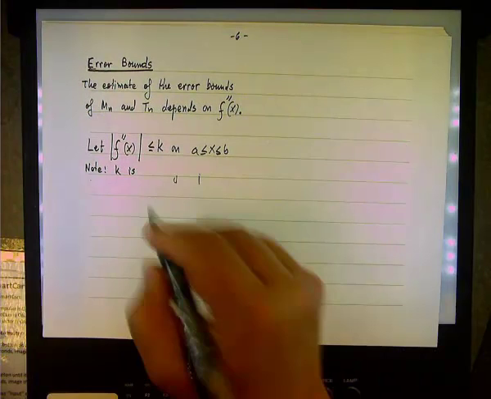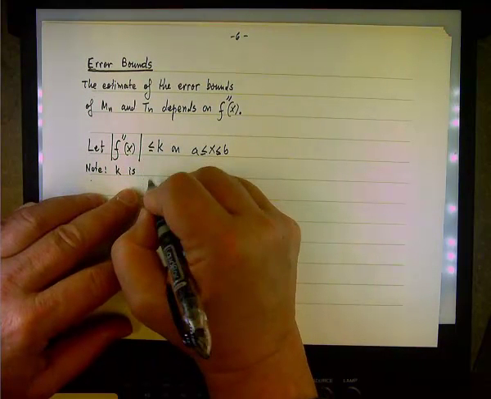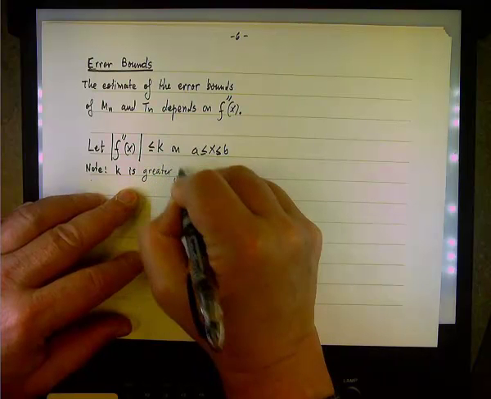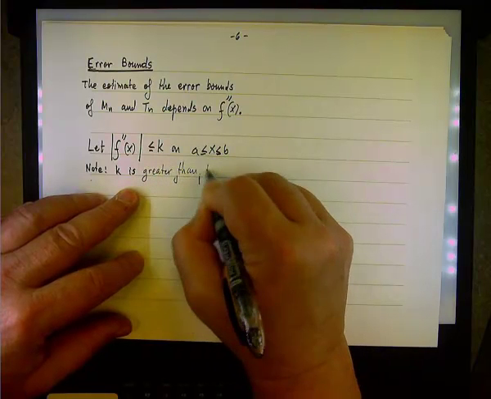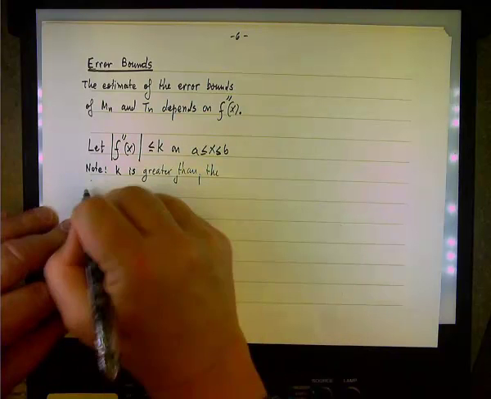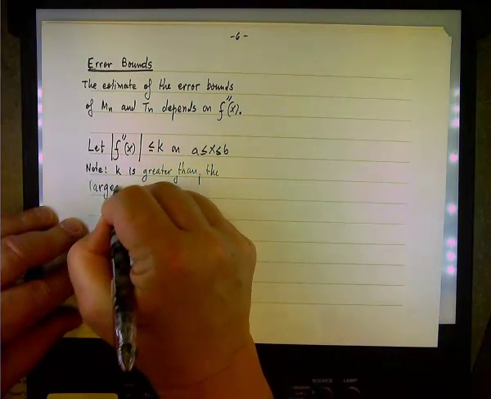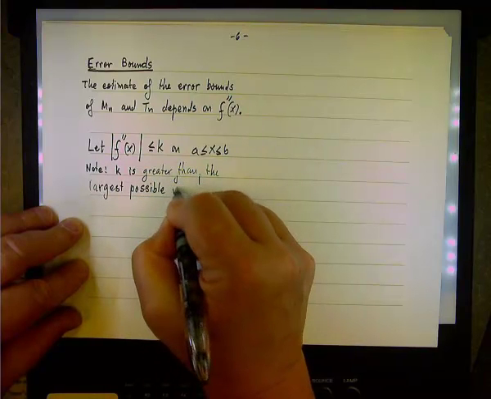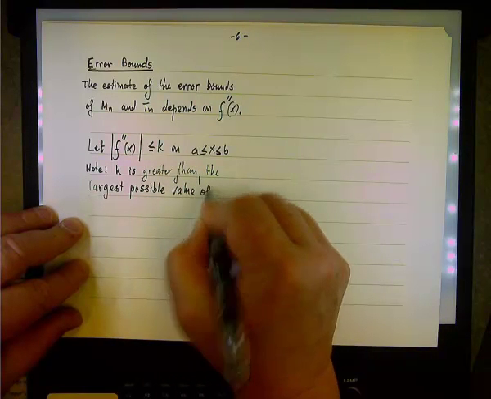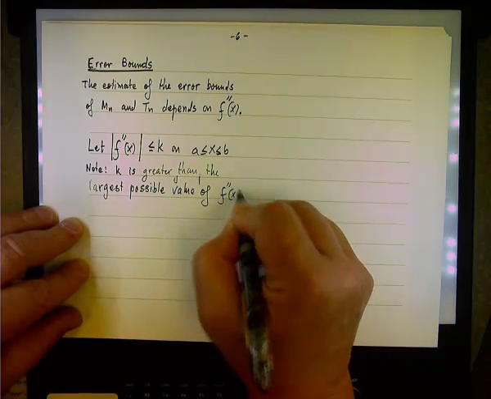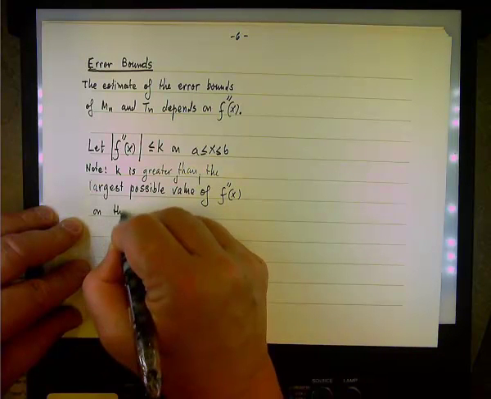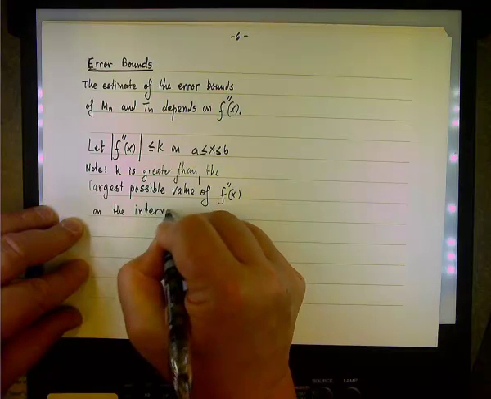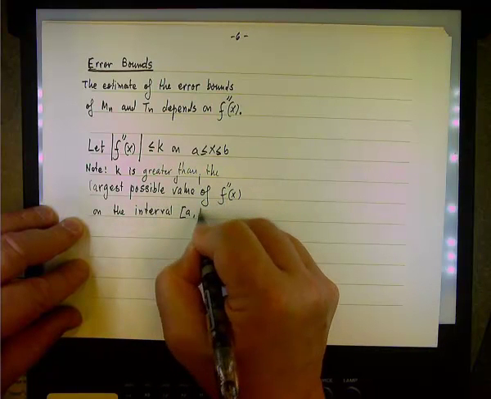So k is greater than the largest possible value of f double prime on the interval [a, b]. Okay?